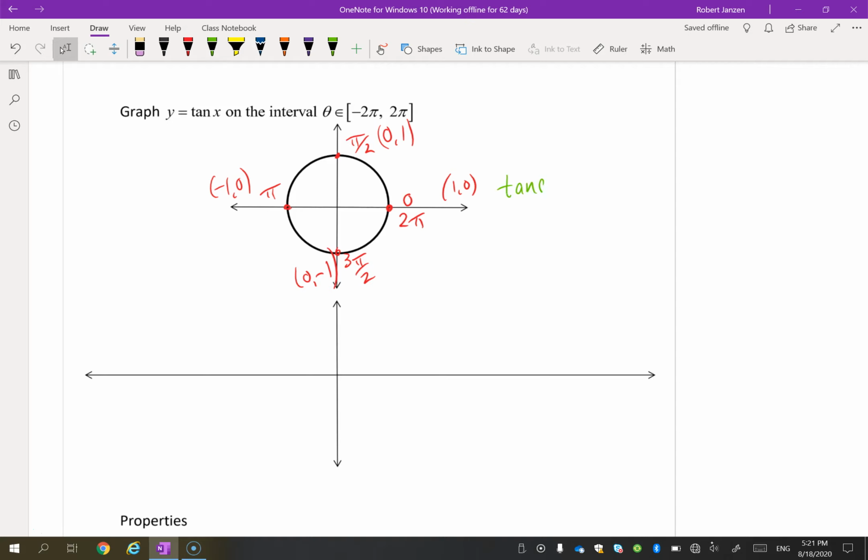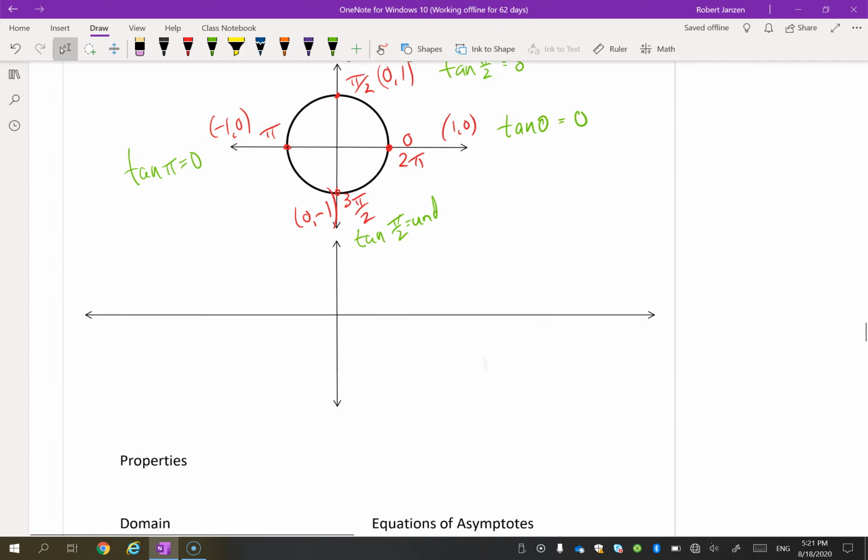So tan of 0 is going to be 0. Tan of pi by 2 is 1 over 0, which is undefined. Okay, tan at pi, 0 divided by negative 1, that's going to be 0. Here we're going to get tan of 3 pi by 2 is going to be undefined again.